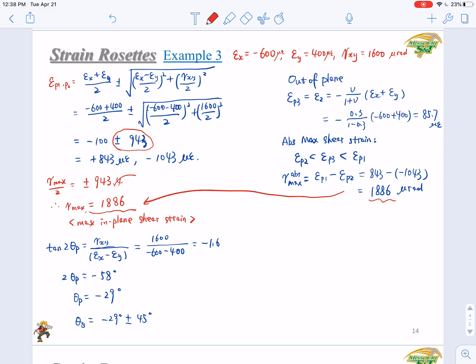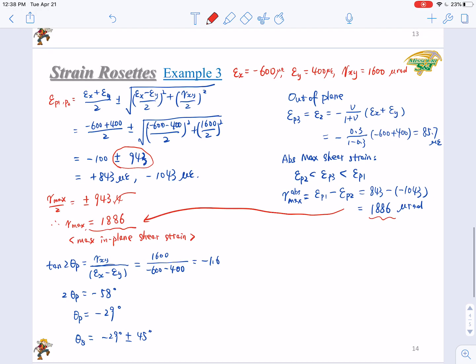So in the end, let's sketch the stress situations here. As we did in the previous example, we start from a square. Here is x, y.